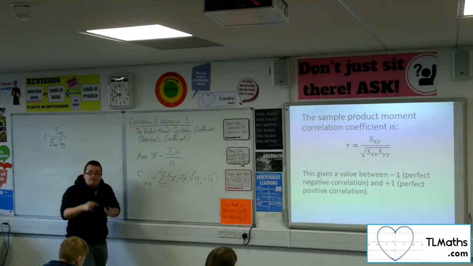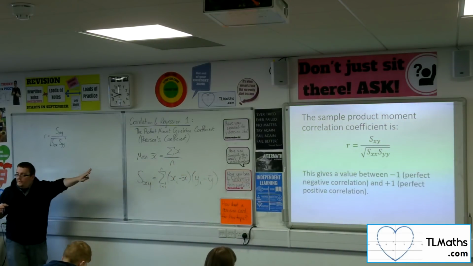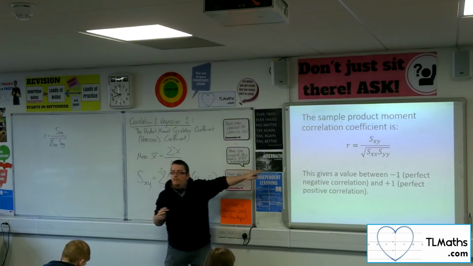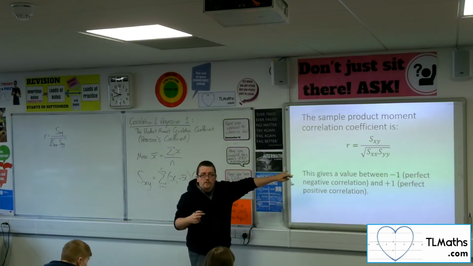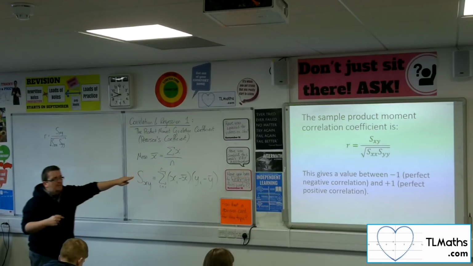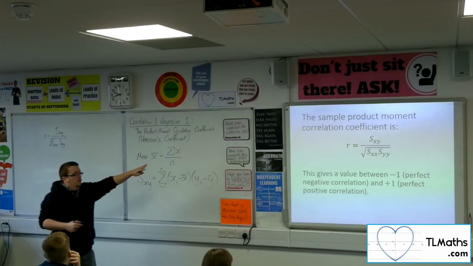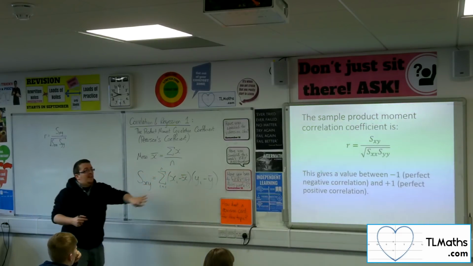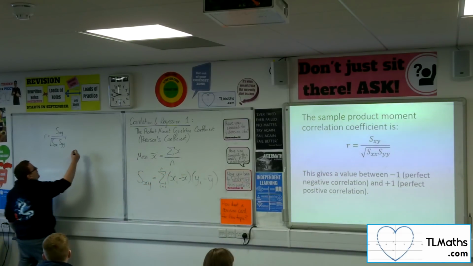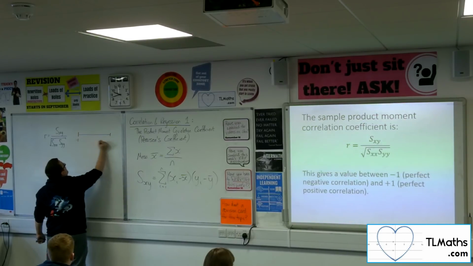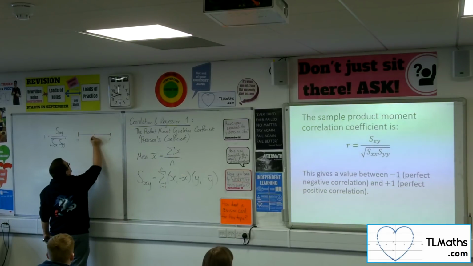And what's great about this, those SXX, SYY, can you remember thinking about those from last year? SXX we kind of dealt with. What they do is they scale it so that they give you a value between -1 and 1.